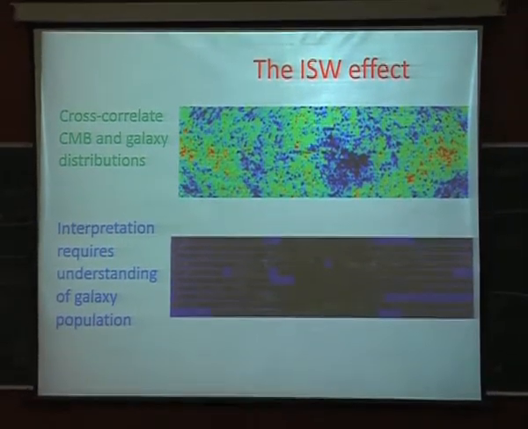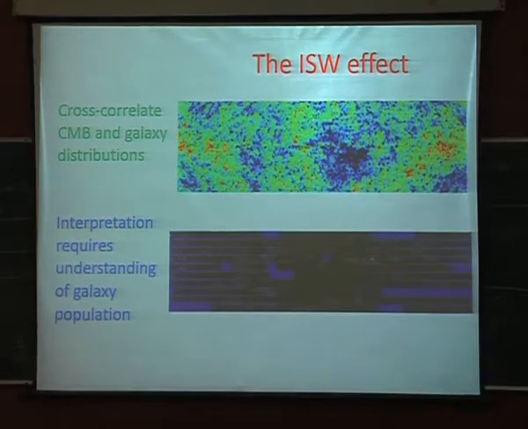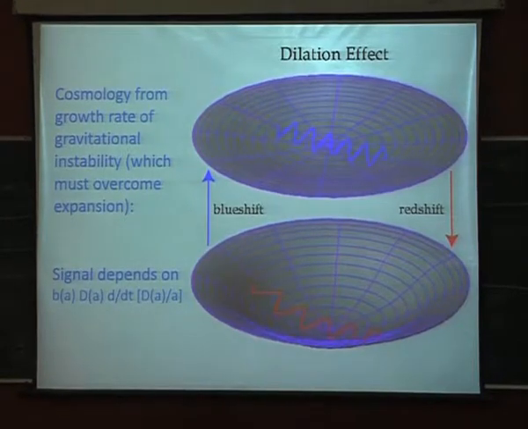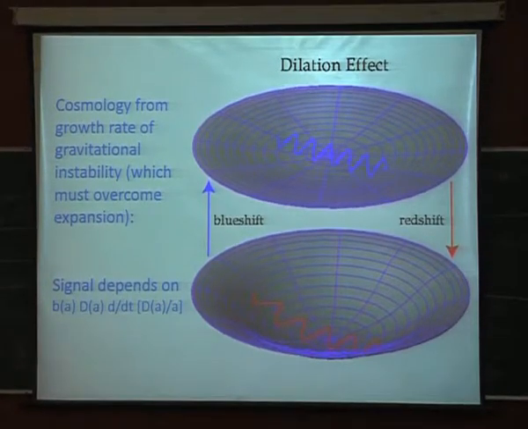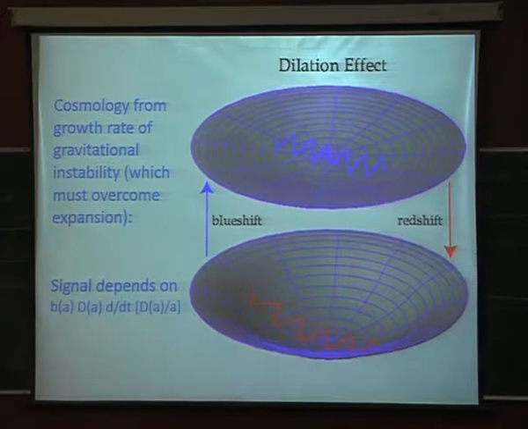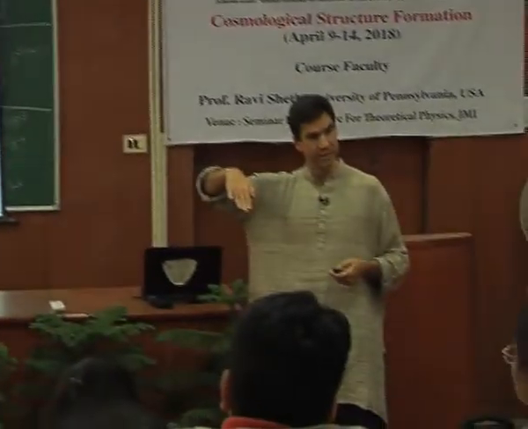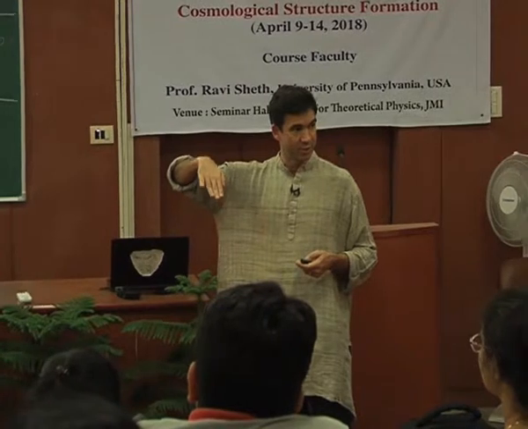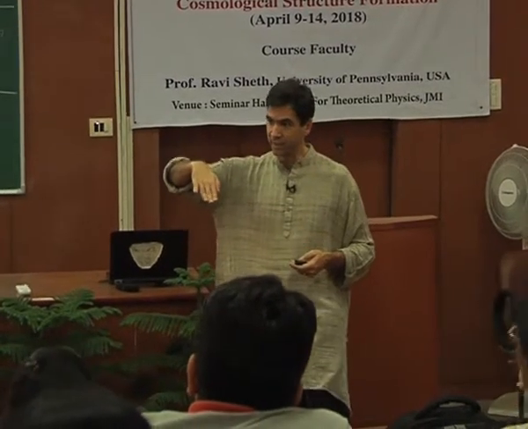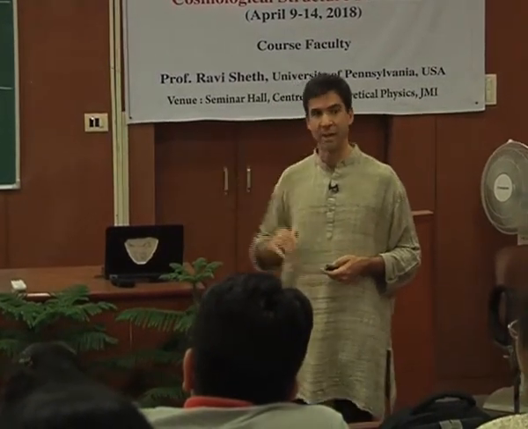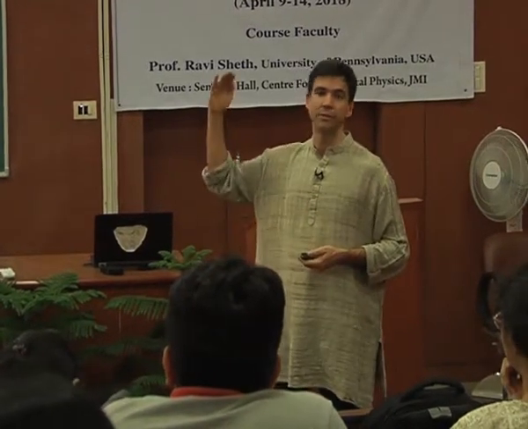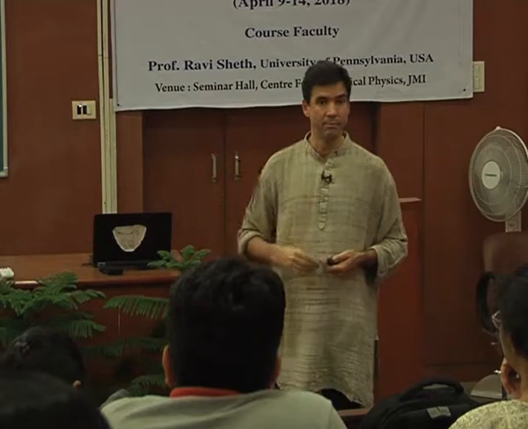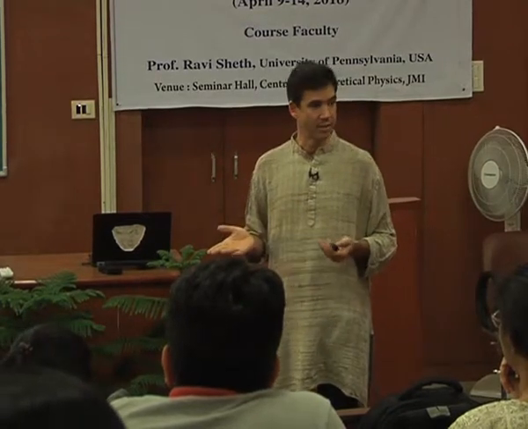So the idea is that as the photon is traveling to us from the CMB, it's traveling through a universe that is not completely smooth. So if it falls in a potential well, it will gain energy. So it should get a blue shift. And then it will have to come out, and it will spend the energy to come back out. And so it should gain and spend the same, and so everything should cancel.